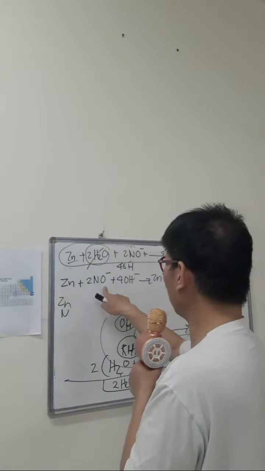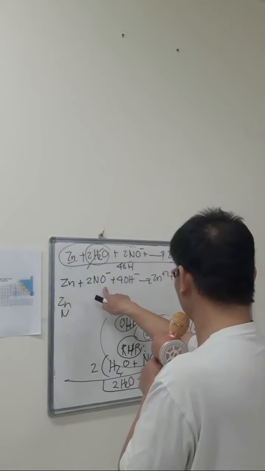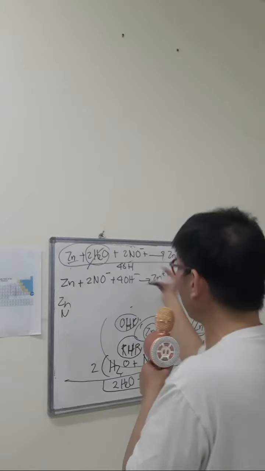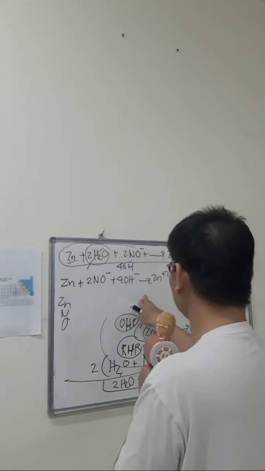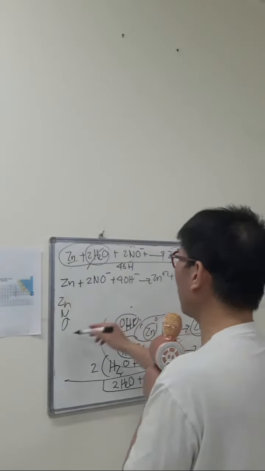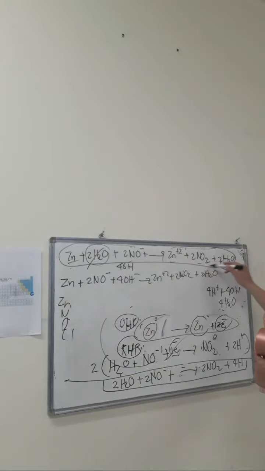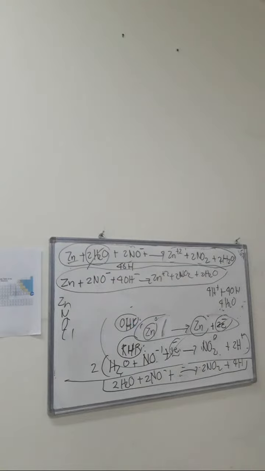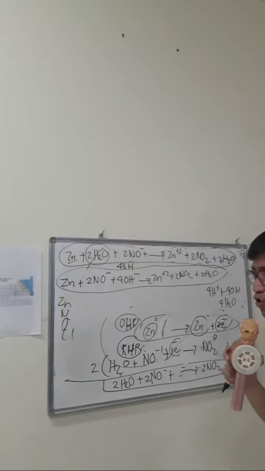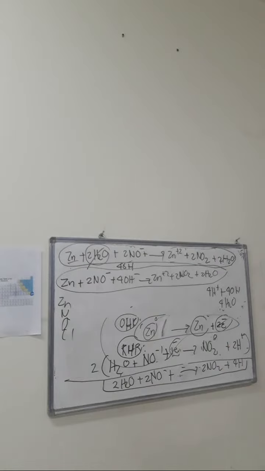Oxygen in the left, oxygen in the right, 4 plus 2, 6, balance. Hydrogen in the left, 4, and the other one is for balance. Perfect. So this is going to be our final redox in basic solution. Zinc plus 2 nitrite plus 4 moles of hydroxide equals zinc positive 2 plus 2 moles of nitrous oxide plus 2 moles of water.